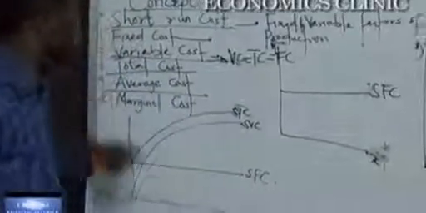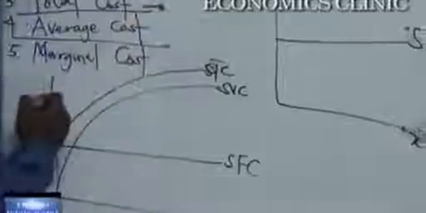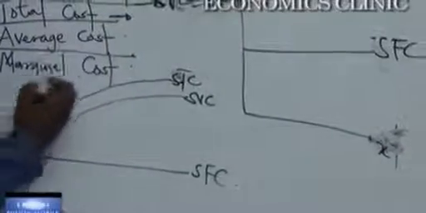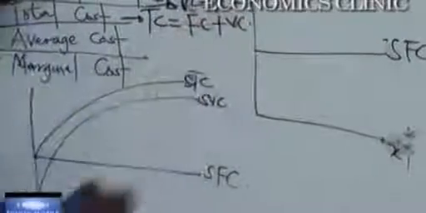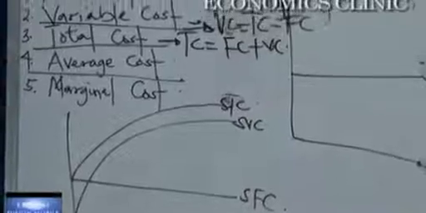Next is average cost. What is average cost? Even before we go to the average cost, it should be noted that total cost is calculated by having total cost equals fixed cost plus variable cost. Please bear in mind that in the short run cost, both the variable factor and the fixed factor are applied.